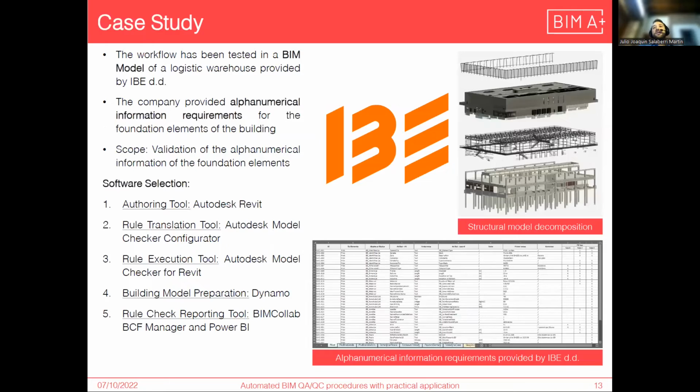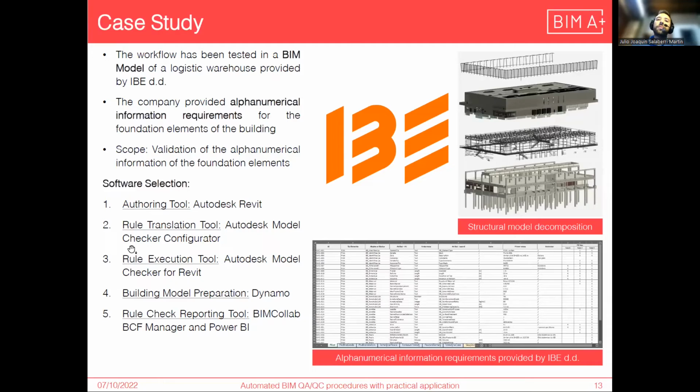So for the case study of this workflow, we have tried to implement it in a BIM model provided by IBE, which is one of the largest engineering companies in Slovenia. Besides the model, they have also provided the alphanumerical information requirements for the foundation elements of the building. To implement this workflow, this is the software we have selected: Autodesk Revit, because it is the authoring tool they use.